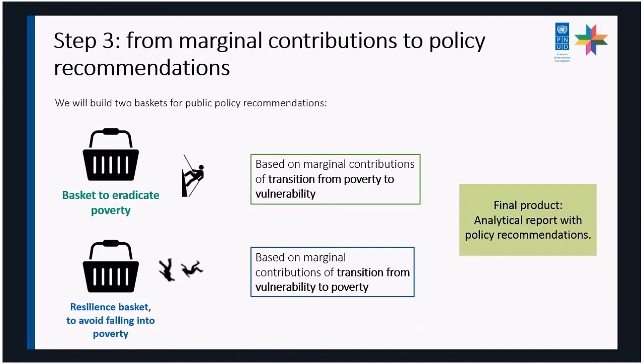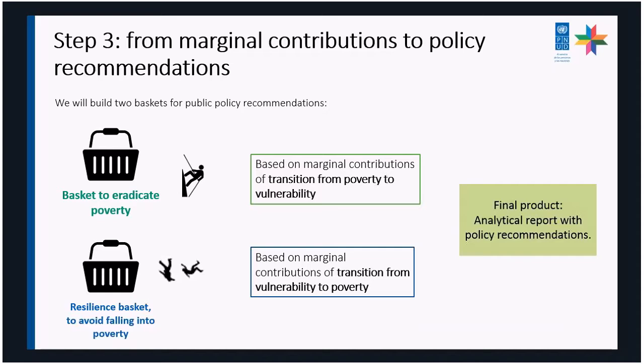The first one, for poverty eradication, will be constructed based on the marginal contribution of the transition from poverty to vulnerability. And our resilience basket, the core recommendations to avoid households falling into poverty, will be based on the second table that I showed you, which are the marginal contributions of the transition from vulnerability to poverty.